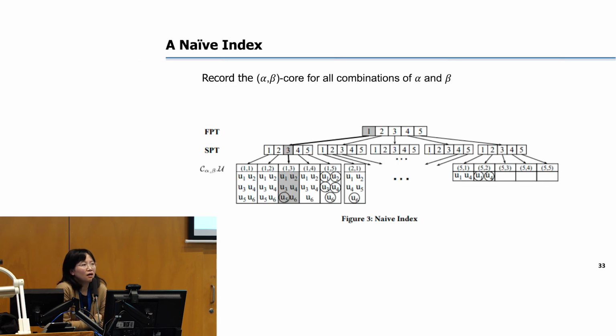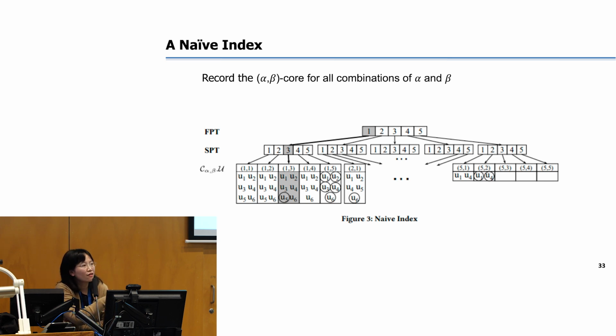The second question is: in the K-core model, we have a nice hierarchical structure. Can we still have it over the bipartite graph? A hierarchical structure means that a K-core subgraph is always a supergraph of a K plus one core. The higher the value of K, the smaller the size, but there is always this containment relationship from the smaller K value to the larger K value.